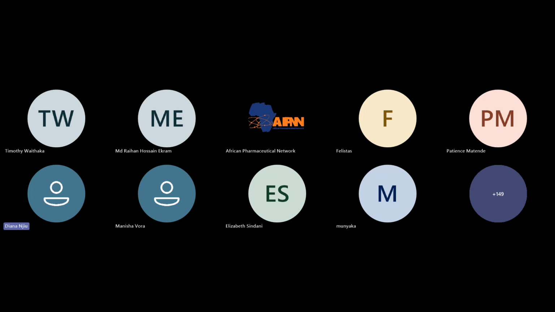Some other issues, such as the GMP inspections, these processes need to go in parallel. Once you initiate the marketing authorization application, at the same time, you need to inquire about the GMP inspection rather than waiting till the end. We are waiting for the approval of your product, but the GMP inspection has not been applied for. So this will also delay the process. Your facility needs to be inspected first so that your product may get full approval. So there are such scenarios.